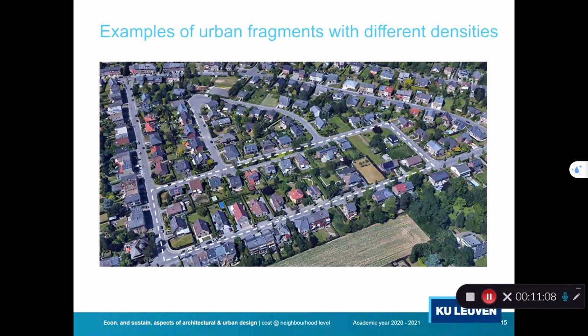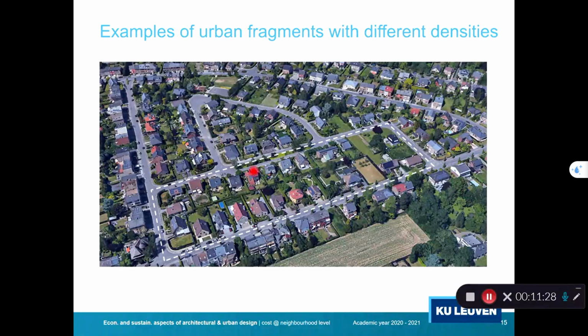Let's see now if you apply these different density indicators to three different urban fragments, what we can learn from it. So the first urban fragment is a typical residential neighborhood in the Belgian context, where we have detached houses, every house surrounded by its own garden.